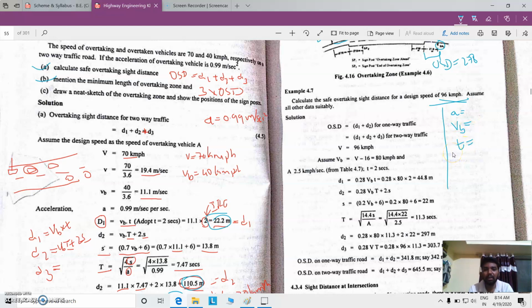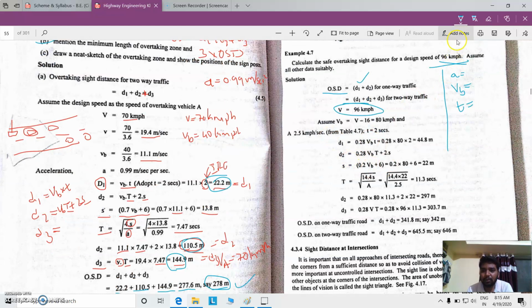It is all not given, and they have not even said whether it is for one-way or two-way traffic, so we have to calculate both traffic conditions. For one-way traffic the overtaking sight distance is d1 plus d2, and for two-way traffic d1 plus d2 plus d3, because an upcoming vehicle will be there in two-way traffic, and the speed is given as 96 kmph, right?